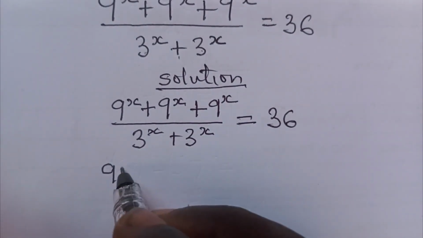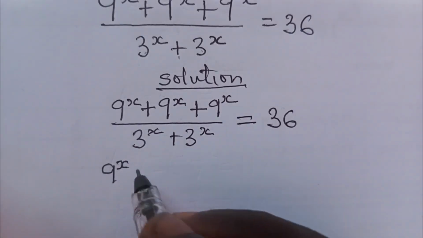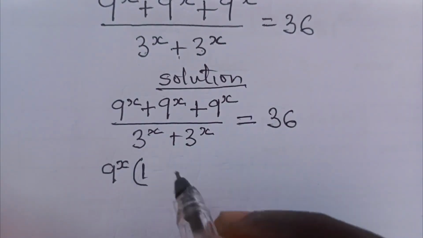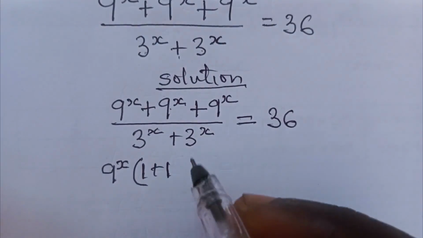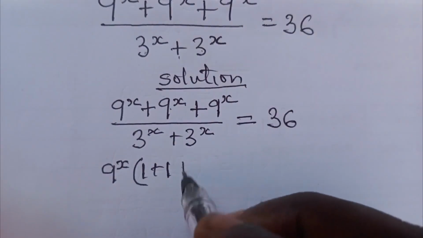So to factorize, what is common at the numerator is 9^x. If you do that, 9^x divided by 9^x is 1, 9^x divided by 9^x is also 1, and 9^x divided by 9^x is also 1.